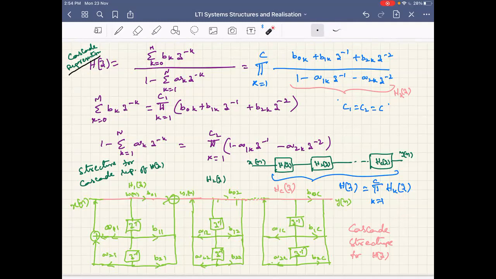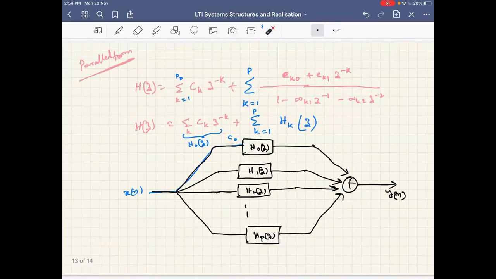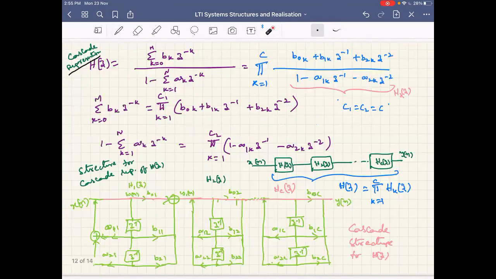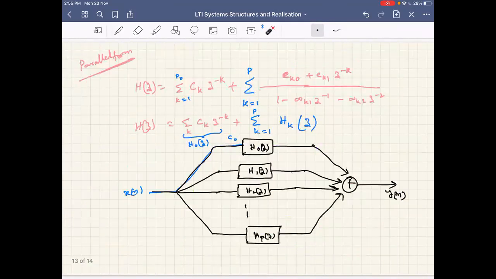The other usual practice of representation where the order is high is through the parallel form. Here, instead of splitting in product form where poles and zeros are very clear, we split into partial fractions. Here also the locations of the poles will be clear, but zeros you will not be able to see from here.